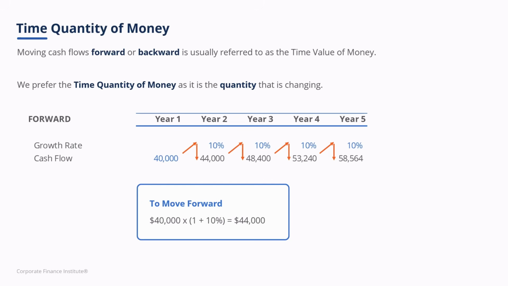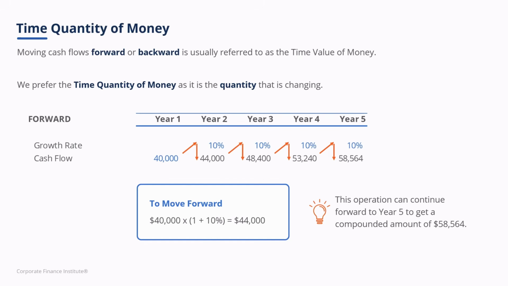We take $40,000 and we multiply that by 1 plus 10%, and that's how we get to $44,000. The real takeaway here is that that same process continues over and over again through the years until year five, when we get to what we would call a compounded amount of $58,564 in year five.